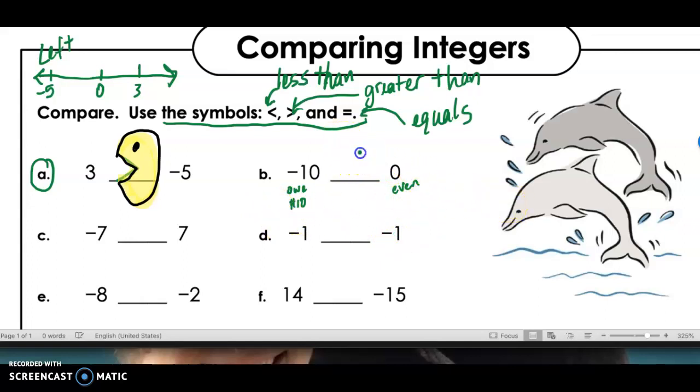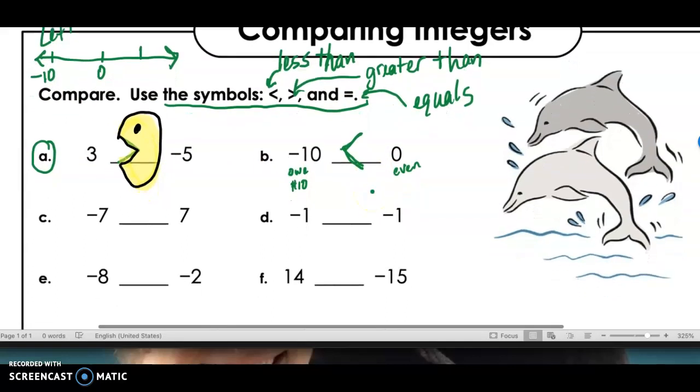I would rather be even. I don't want to owe anybody $10. If I'm even, I'm in a better place than if I owe somebody $10. You can also look back to your number line. Here's 0, and -10 is to the left, 10 spaces. So -10 is less than 0. The mouth eats the bigger number, and we are all set with that.